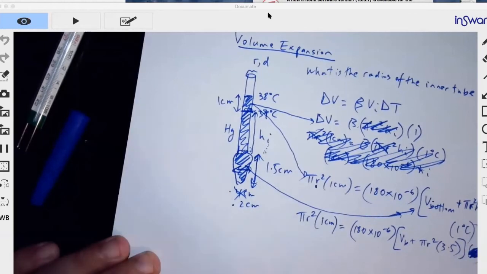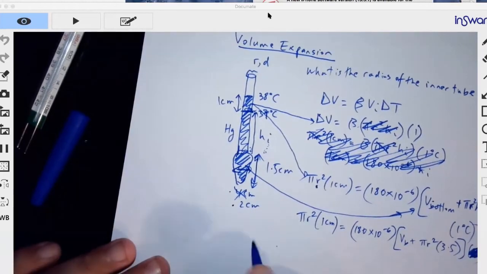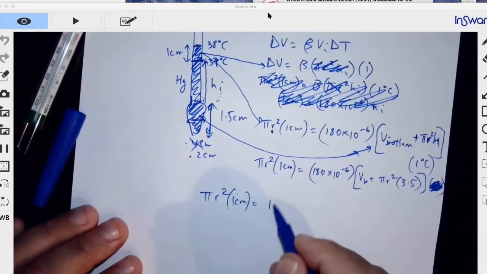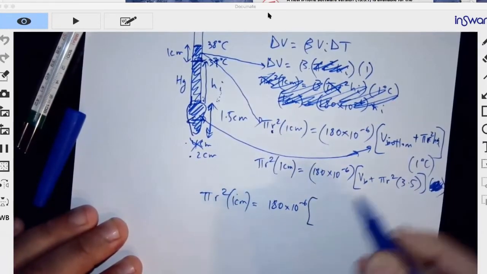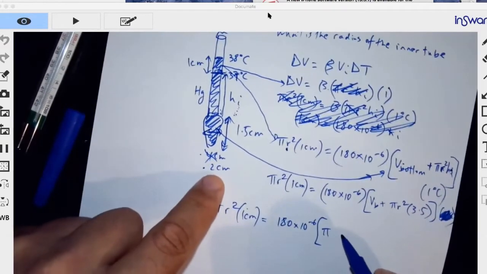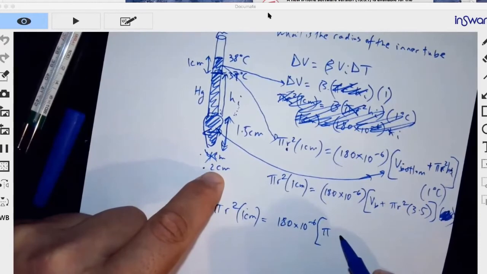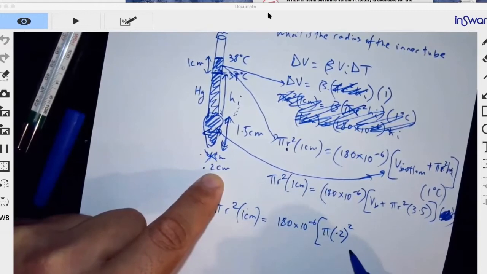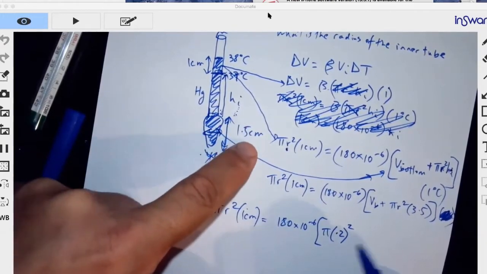Pi r squared, 1 centimeter, 180 times 10 to the minus 6. The bottom is going to be pi times what? 0.2 squared, right? Pi times 0.2 squared times 1.5.